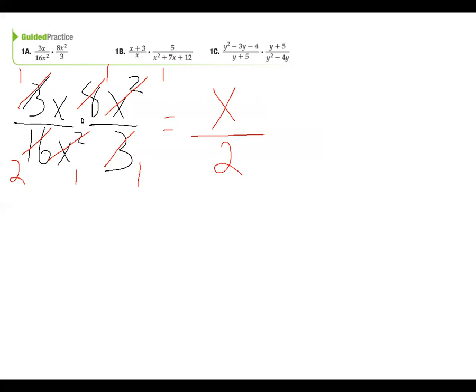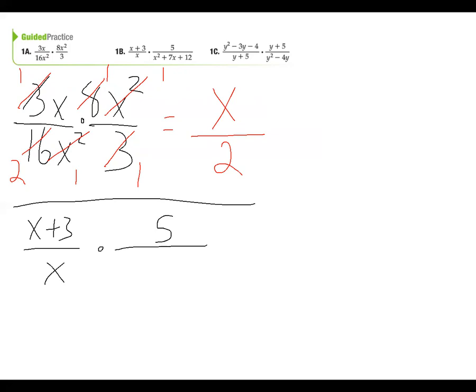Now in the next one, 1b, you have x plus 3 over x times 5 over, now I need numbers that multiply to 12 and add to 7. 3 and 4, right? 3 times 4 is 12, 3 plus 4 is 7. So x plus 3, x plus 4.